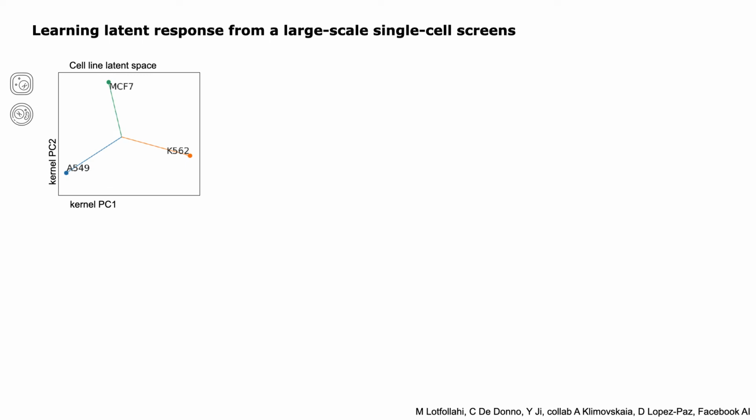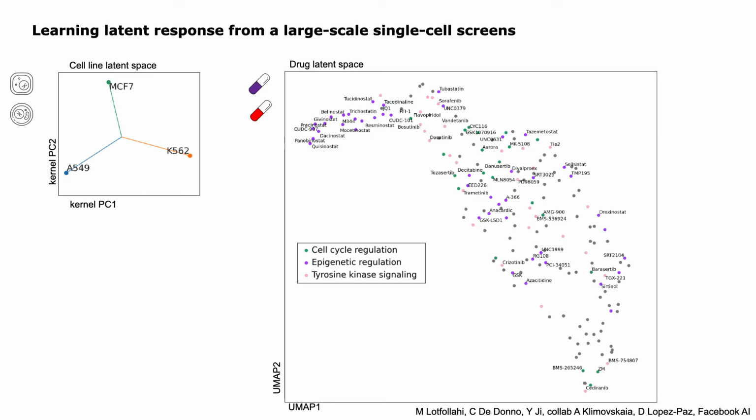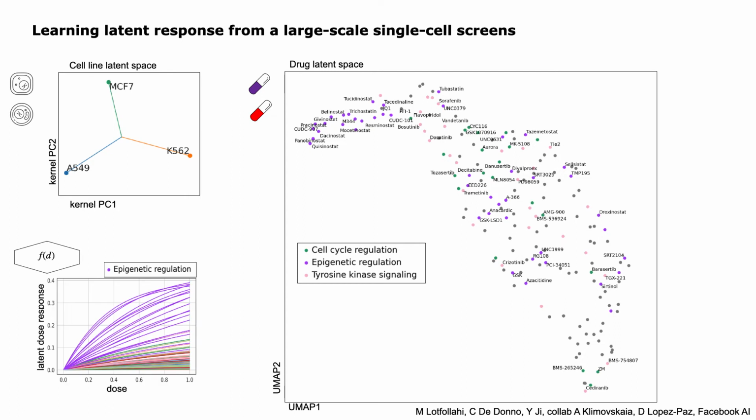Here is the cell line latent space and also the drug latent space, where you can see that similar drugs with a similar mechanism of action are clustered together, and this drug latent space can be used for downstream tasks such as drug repurposing. Here, the most effective drugs are epigenetic regulators, and our nonlinear dose encoder also picked up this effect, and the doses for these drugs have a bigger effect size.